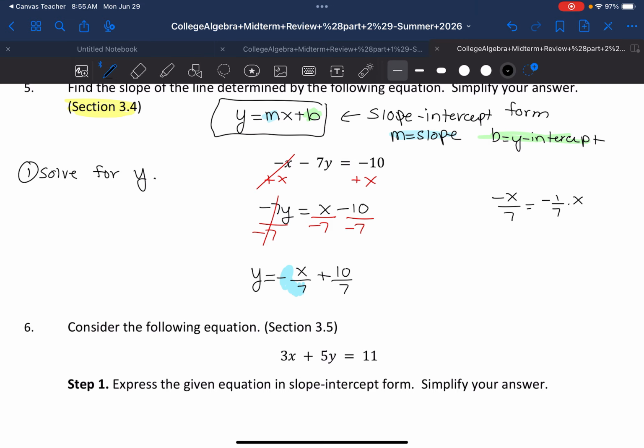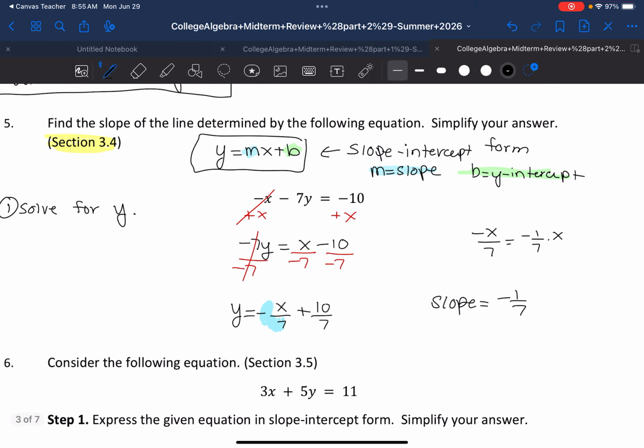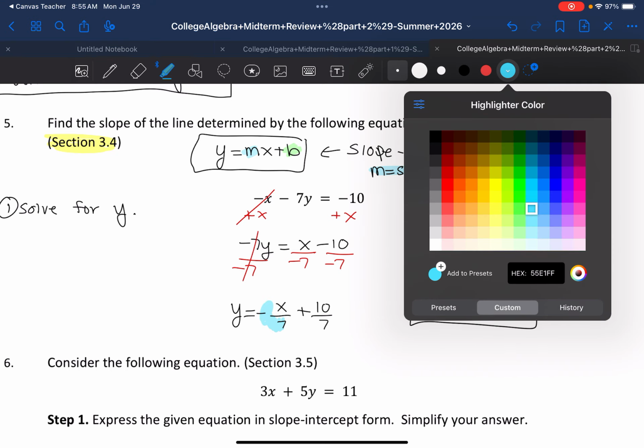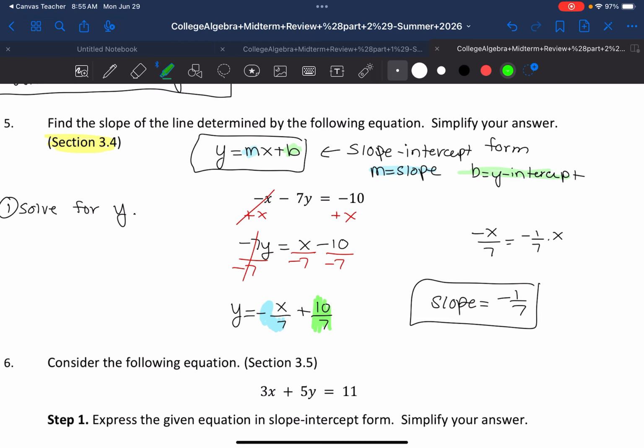Okay, so the slope is -1 over 7. And the y-intercept, which it didn't ask us, is the 10 over 7. That's where the line would cross the y-axis.